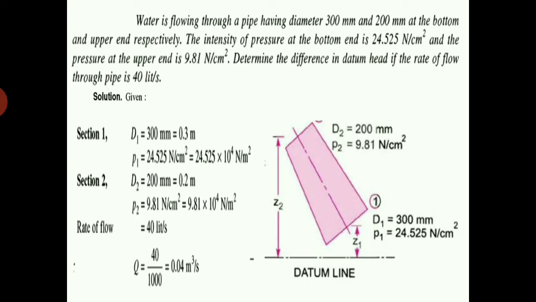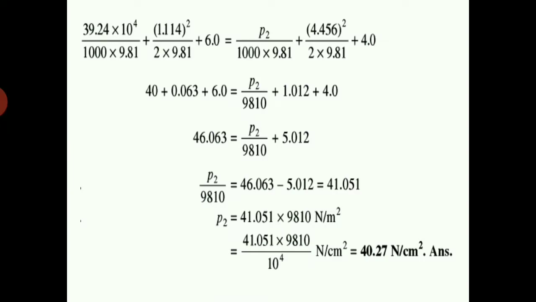Water is flowing through a pipe having diameters 300 mm and 200 mm at bottom and upper end respectively. So the 300 mm end is at the bottom and the 200 mm end is at the upper end. The intensity of pressure at bottom end is given as 24.525 Newton per centimeter square.